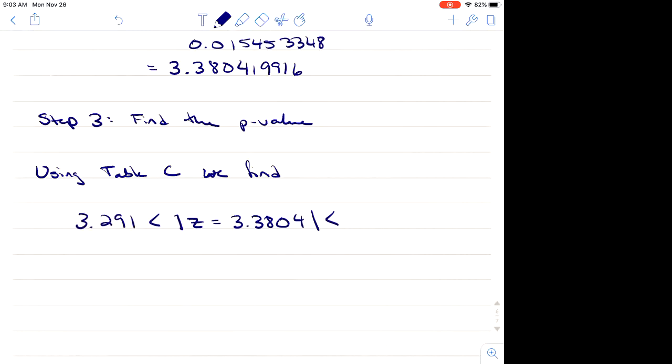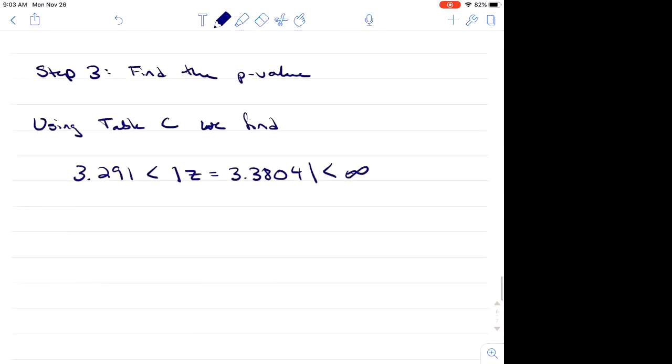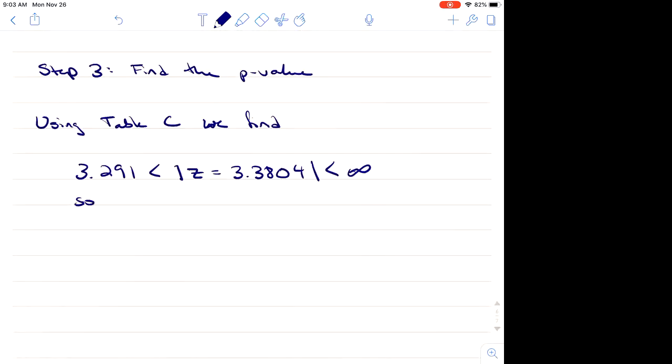And technically, if you want infinity, all that you know is that it's greater than 3.291. If you want to leave it blank and don't put the infinity, then don't.